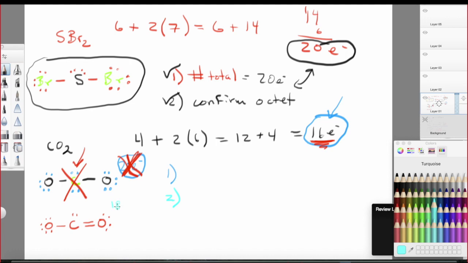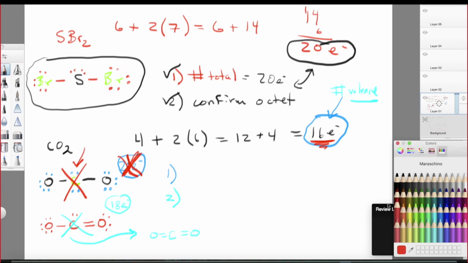Notice that we reduced the total number here, but it still does not match the total valence. This is the number that we have to match for this if you're using your brain. So I'm going to redraw the structure again. This time around, I'm adding 2 double bonds.